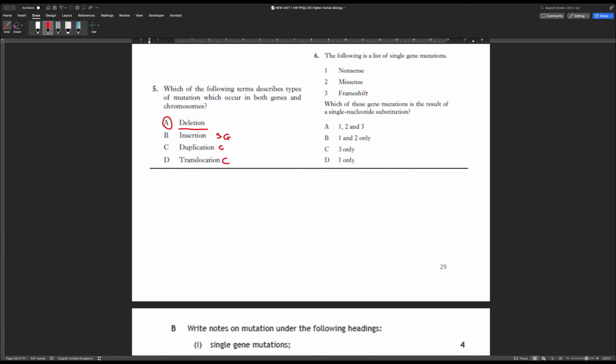So frame shift involves insertion and deletion. It does not involve substitution, so we can rule that one out. Missense is where we replace one amino acid for another because one nucleotide base is replaced with another, so that is substitution. And nonsense is where we've got a premature stop codon, due to changing one nucleotide base and replacing it with another, so also a substitution mutation. So the answer is going to be 1 and 2, which is B from our options.